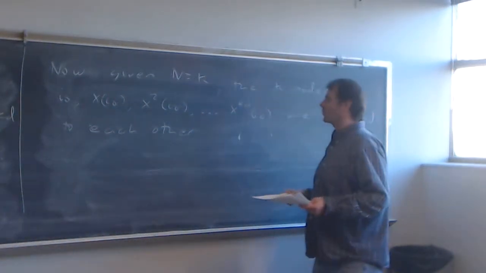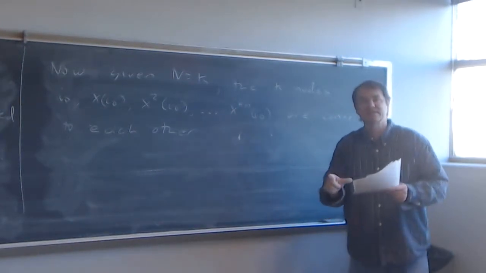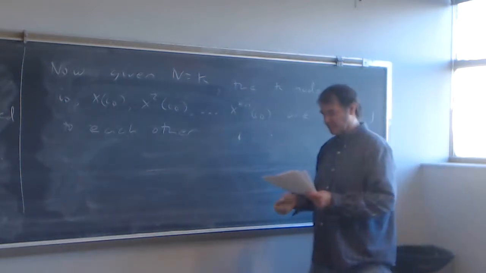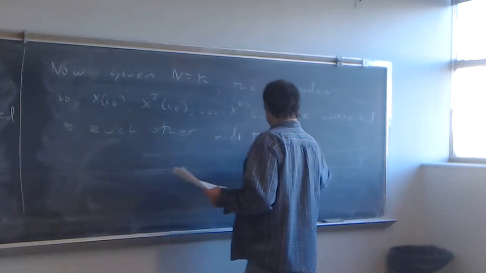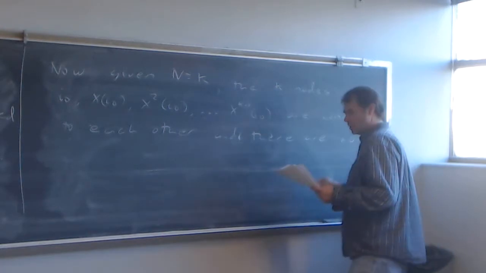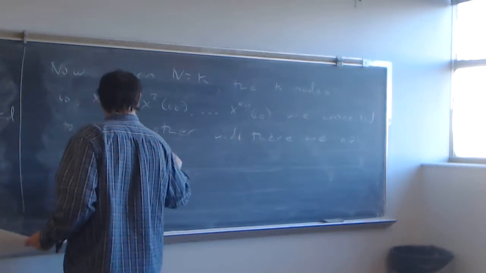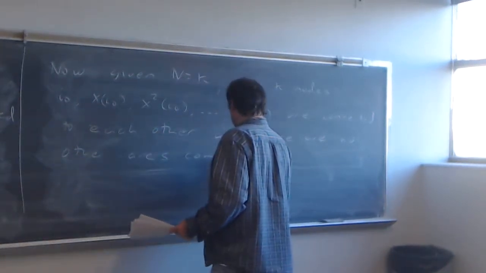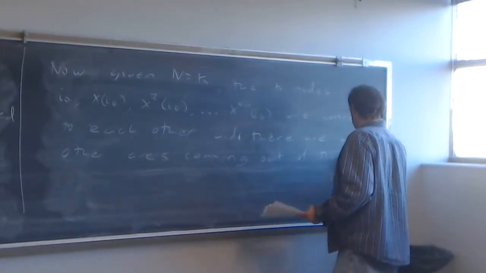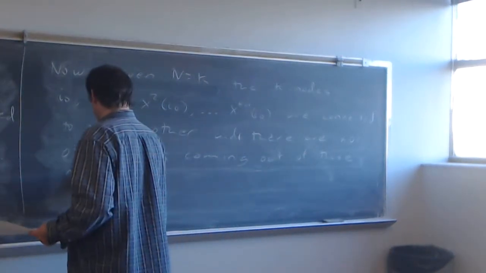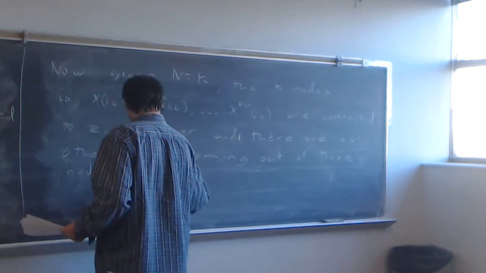So I would say that part of the graph, so there's k nodes, forms a connected, if you will, subgraph of the random graph. They are connected to each other, and there are no other arcs coming out of these nodes. So they connect to each other, and that's it. Not to other nodes.